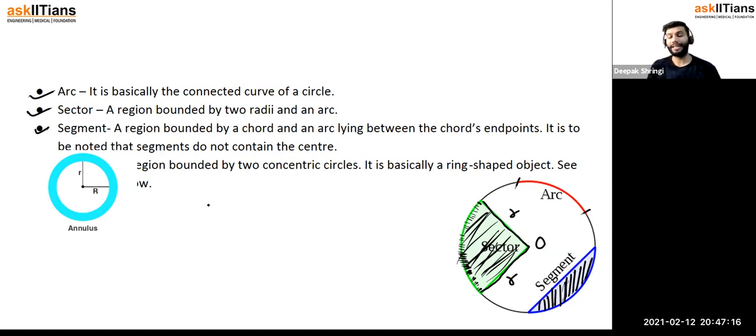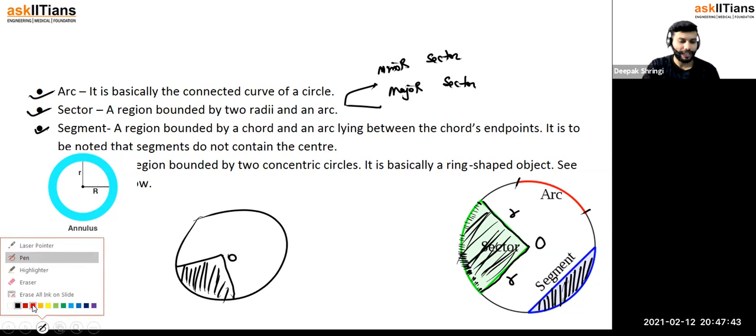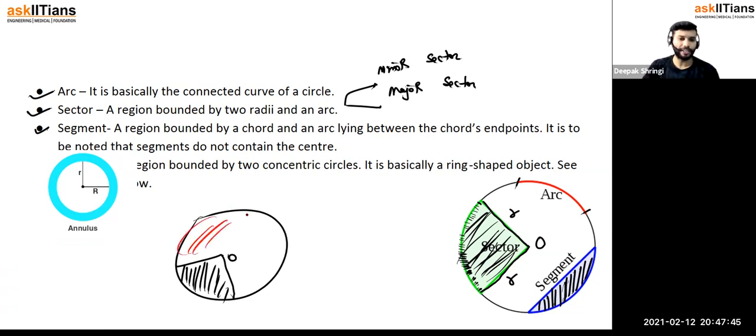And guys, in a circle, if I talk about the sector, there are two kinds of sector we can see. One is called the minor sector and one is called the major sector. So definitely you can see there are two sectors. Even if you look at this diagram, you have made this, and you will say, sir, the black one is a sector because we have radii and an arc. But sir, just tell us one thing, isn't the red also a sector?